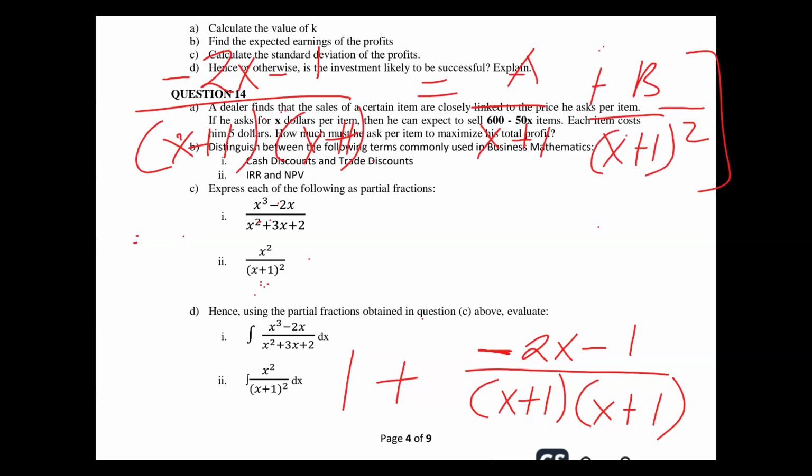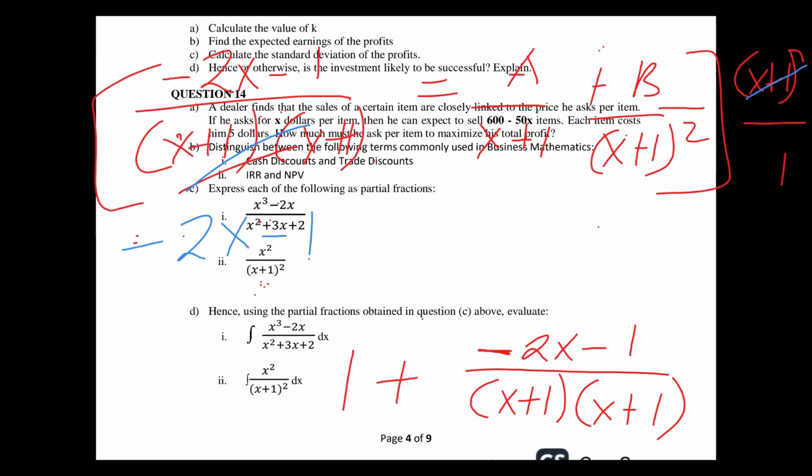When we multiply throughout by (x + 1) squared as the highest power, this and that cancel, the way we've been doing it. So you can just remain with -2x - 1 on this side, equal to A times (x + 1) squared divided by (x + 1).